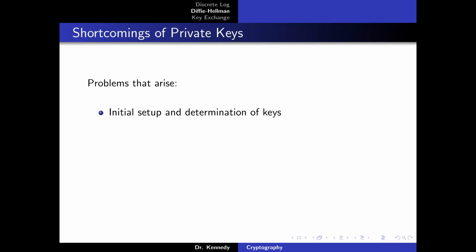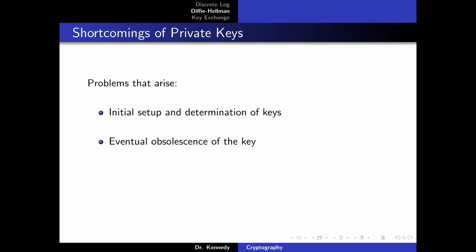All right, so first thing is initial setup. You have to set this thing up where everybody has these private keys that have to be secret, that have to be distributed between parties that are going to communicate. Now, if your parties are close to each other and there's not very many of them, that's easy. If they're spread across the world and there are millions of them, like there are in networks, that's considerably harder.